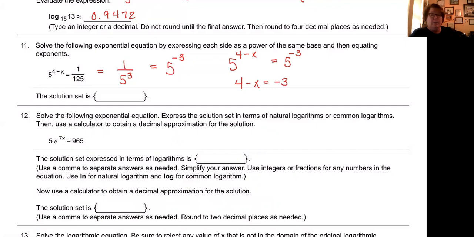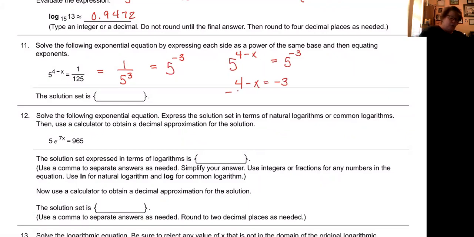Now the most common mistake I see when you're solving for x in this equation is that most of these that you solve, there's going to be a minus sign in front of the x. And that's fine, just don't lose the minus sign. That's the error I see most often.